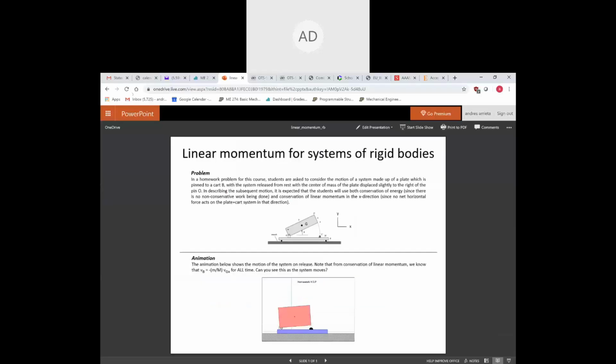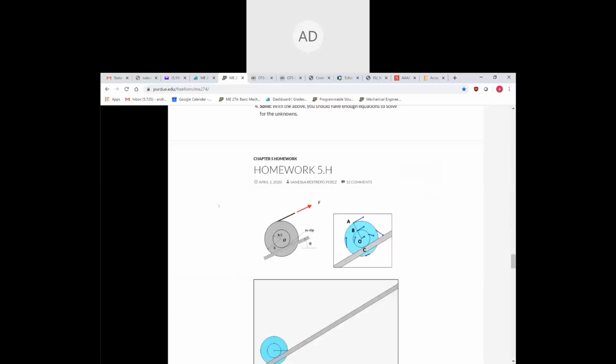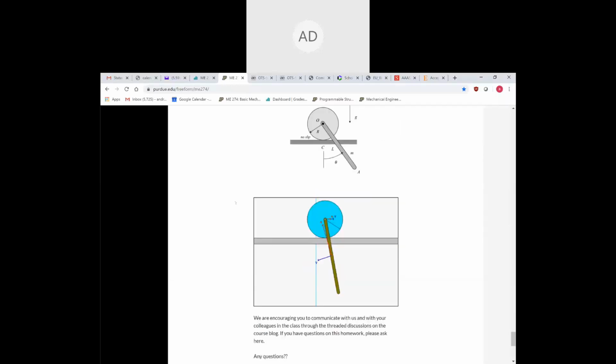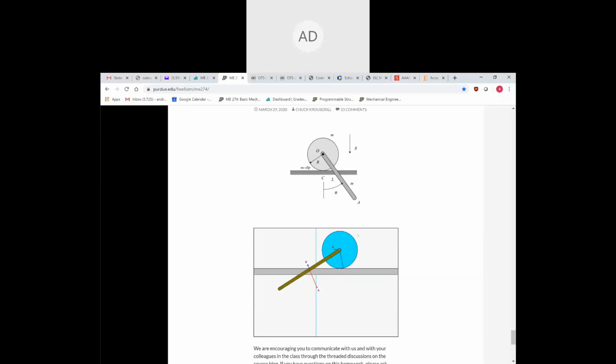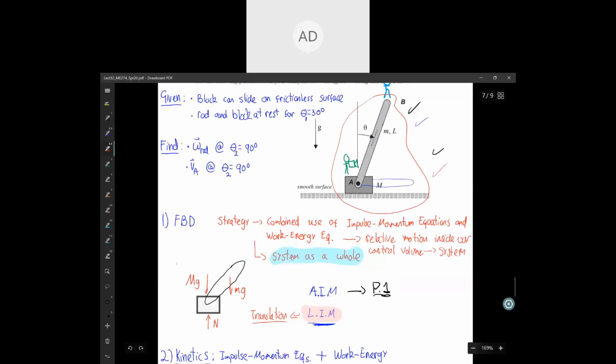There was another animation of a system like problem 5C. It's this one. You see, the disk in here is translating, is rotating also, but this point is translating, and it's changing direction as the bar swings. And this is precisely what happens with this assembly here.